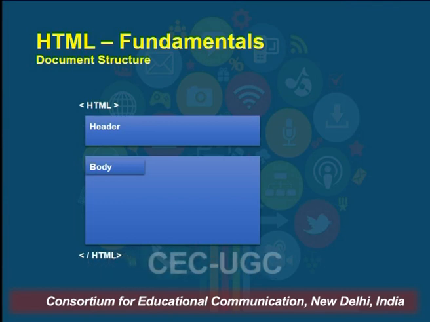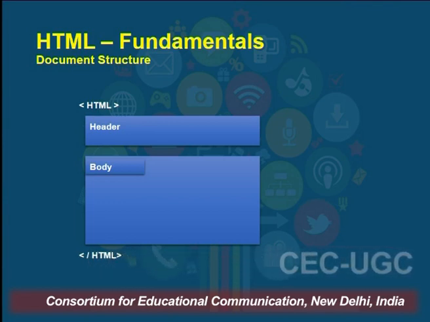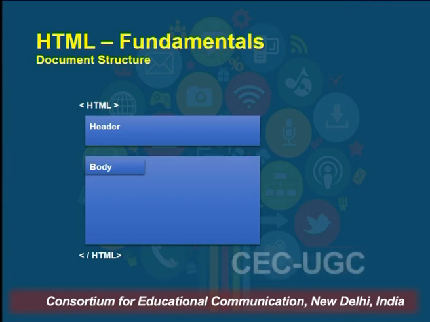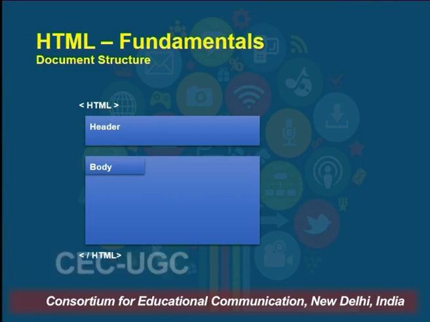Now it's very important to understand that these are only logical divisions on the page, because actually there is no such division on the page where you will see where the head is ending and where the body is beginning. But when you define these portions, you know how your content can be divided.